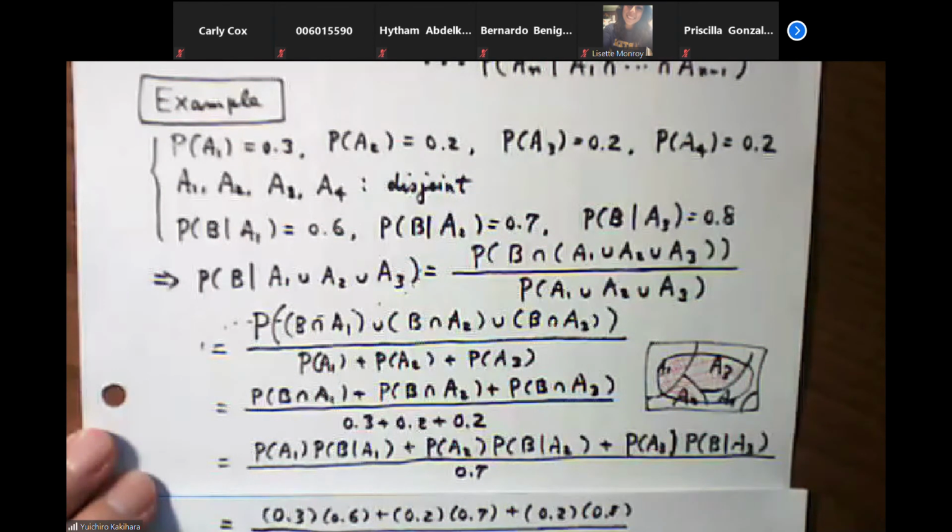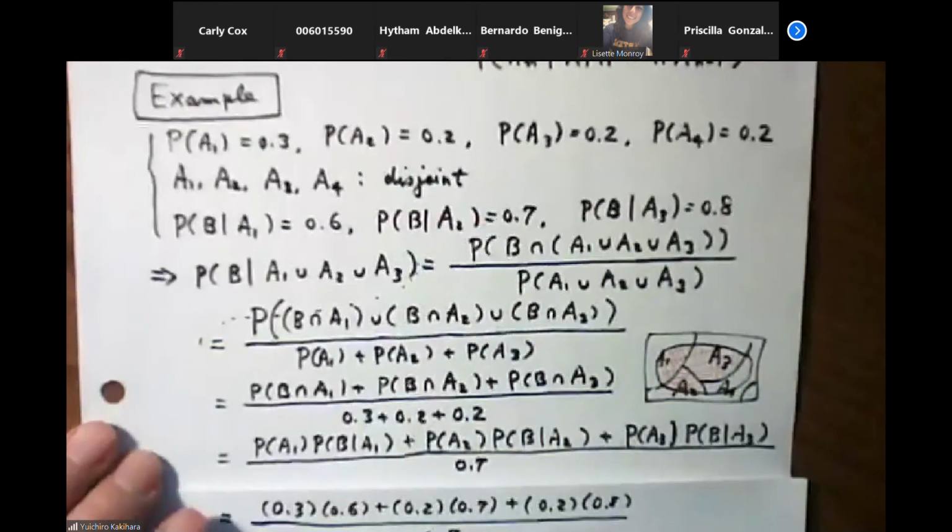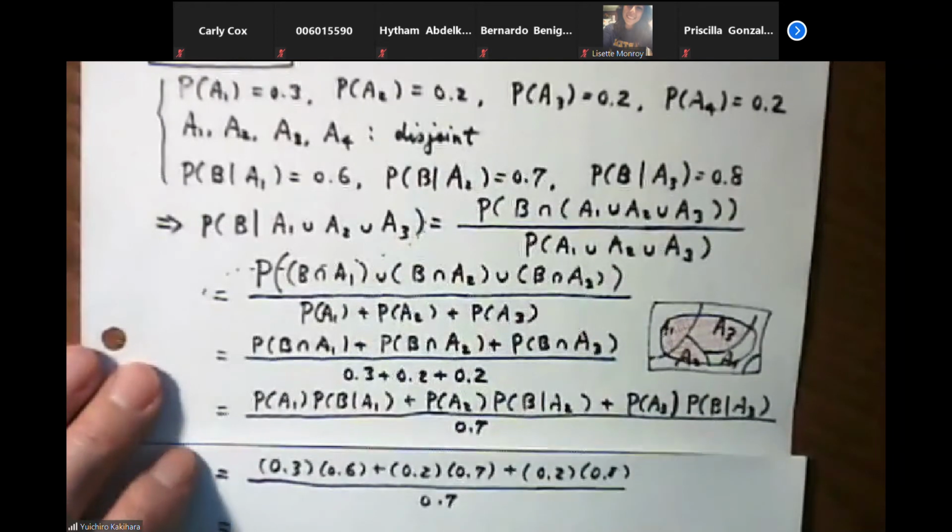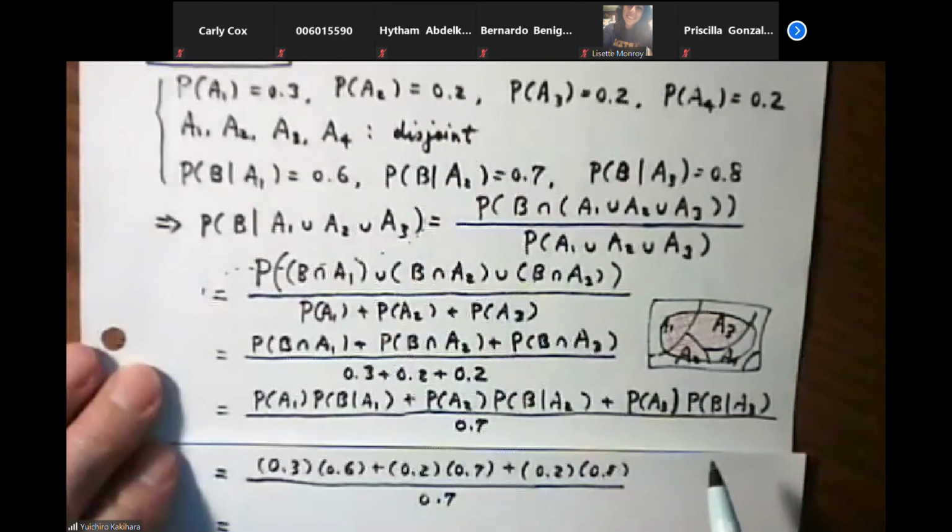And then divided by 0.7. Then I'm going to write this: 1.8, 1.4, and 1.6, which gives 4.8, so 0.48 over 0.7.